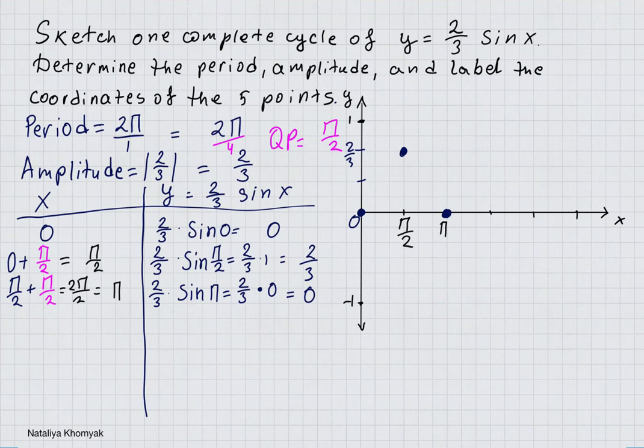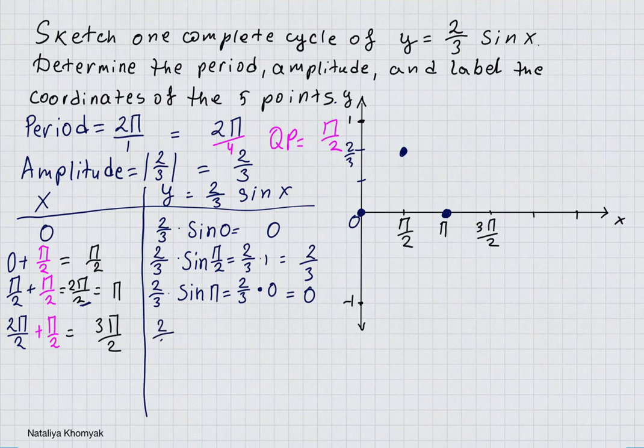The next x value will be, I'm going to take the previous point and pick the value before I simplified the fraction, which is 2pi/2, because it has a common denominator with the quarter of the period, which is pi/2. And we get 3pi/2 for our x value. So here we got 3pi/2. Now we can calculate y.